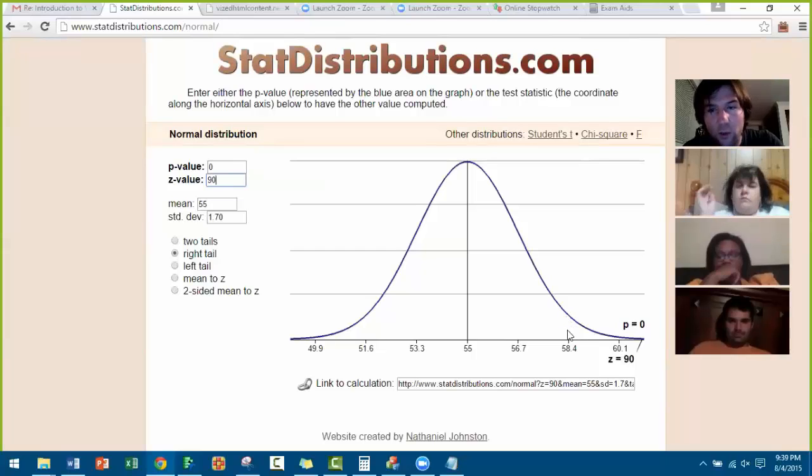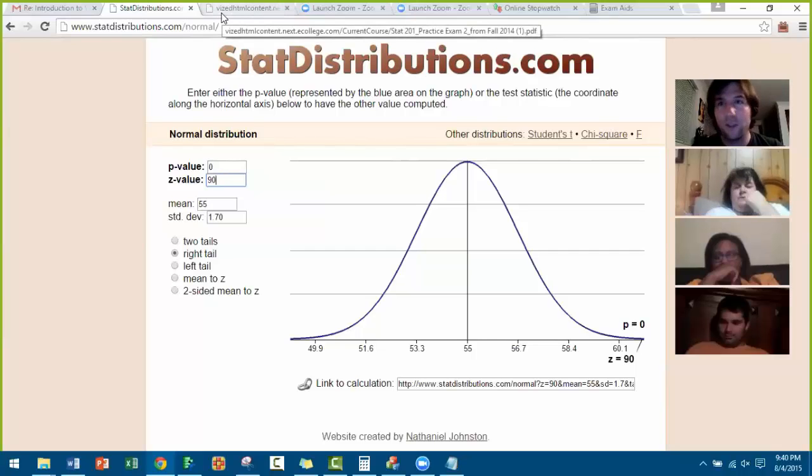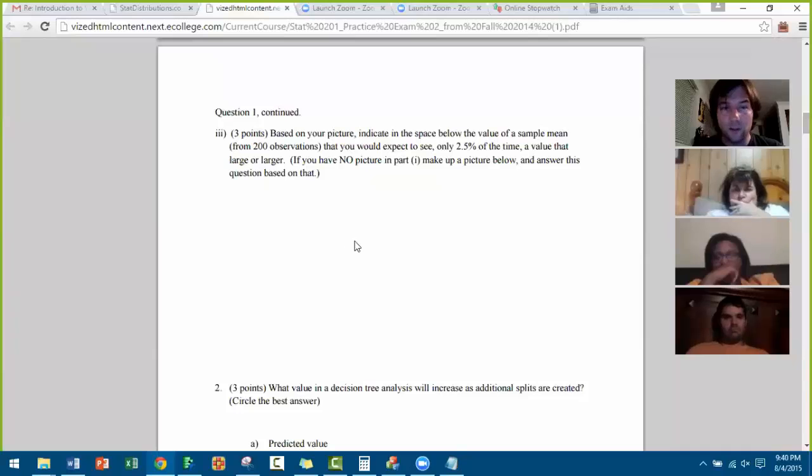Because this curve is normal, according to the central limit theorem, or normal enough, we're going up to 2 standard deviations because this is our 95. 95 is in the middle, and 2.5 is on the outside in each tail. So on the right, we'd have 2.5% of the values or higher above 2 standard deviations. So that's why we would expect above that to be 2.5% of the values. That is the answer, 58.4.